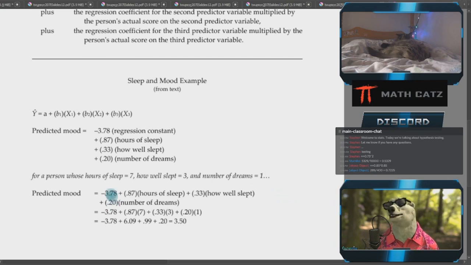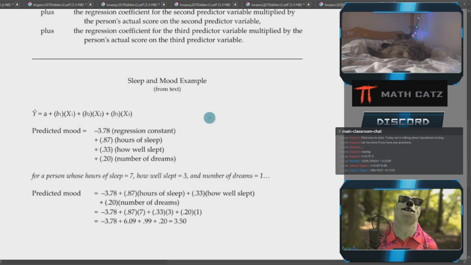And then if you, by way of software, can calculate these B values and the A value, you can then make a prediction that is arguably more accurate. Your R squared is still going to tell you collectively how much of the variation in Y is accounted for by these variables.